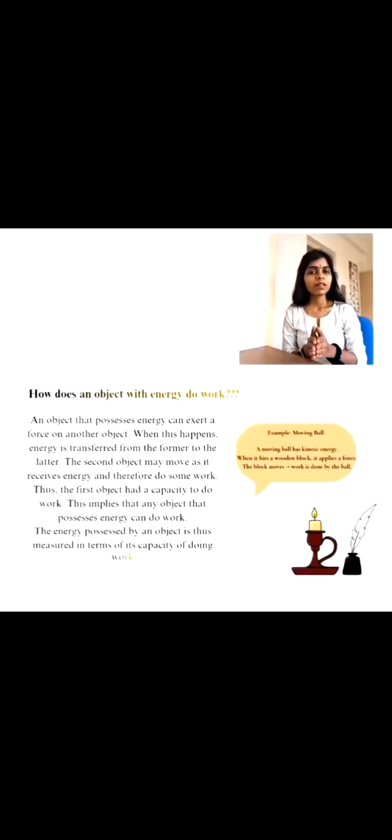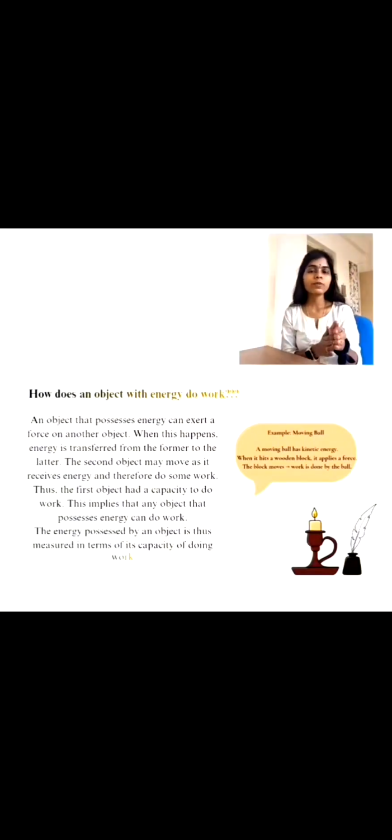And there is a question called how does an object with energy do work? Here we can take some simple example. Moving ball. There is a moving ball and consider it as the first object, and it strikes the second object. So here the energy transfers from the first object to the second object so that the second object moves.